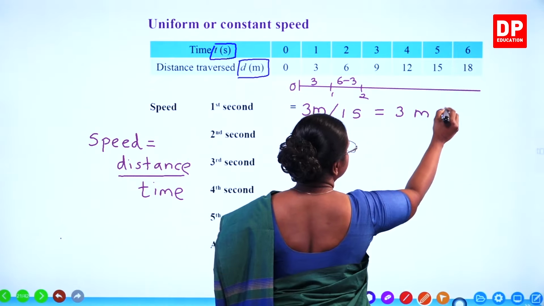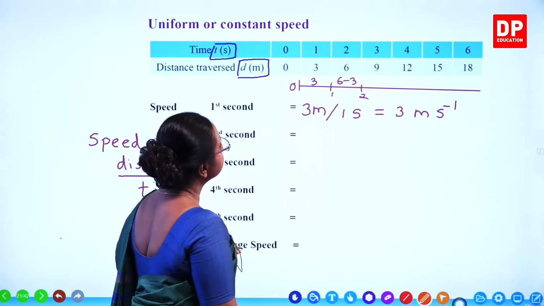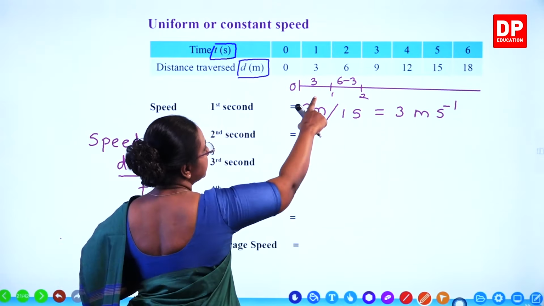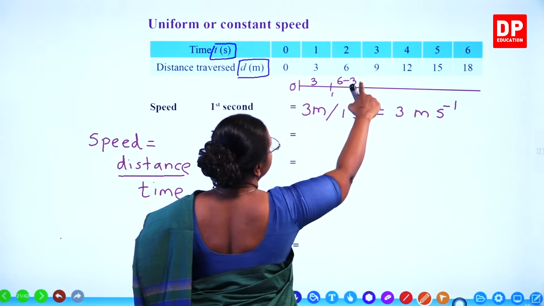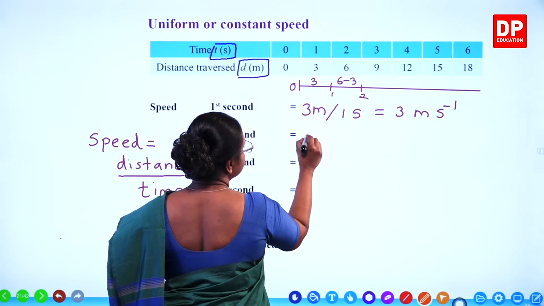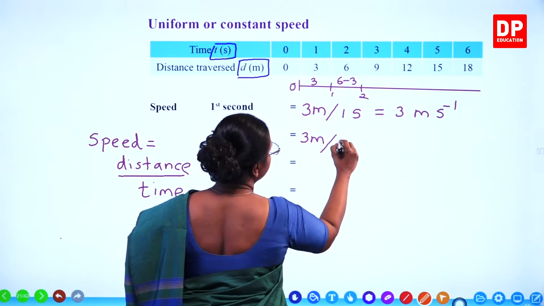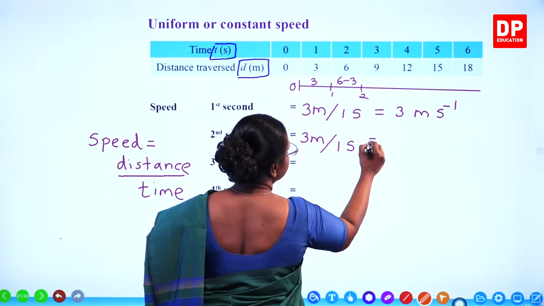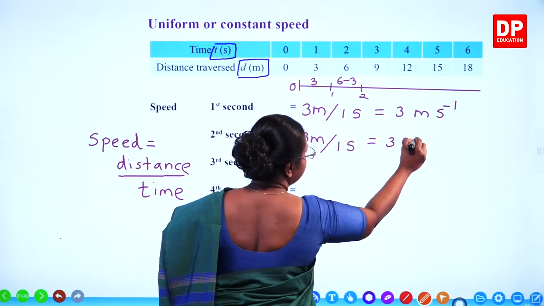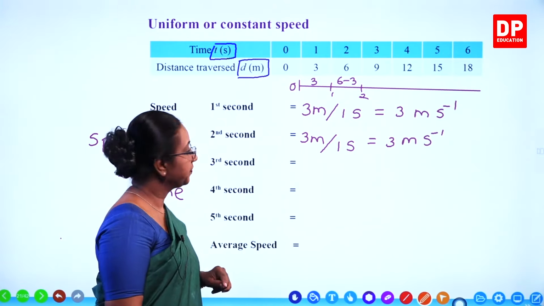So that will be 3 meters per second. If we take the second second, as I told you, from 3 it has gone to 6. So the distance traversed is again 3 meters and the time duration is 1 second. So that is again 3 meters per second.